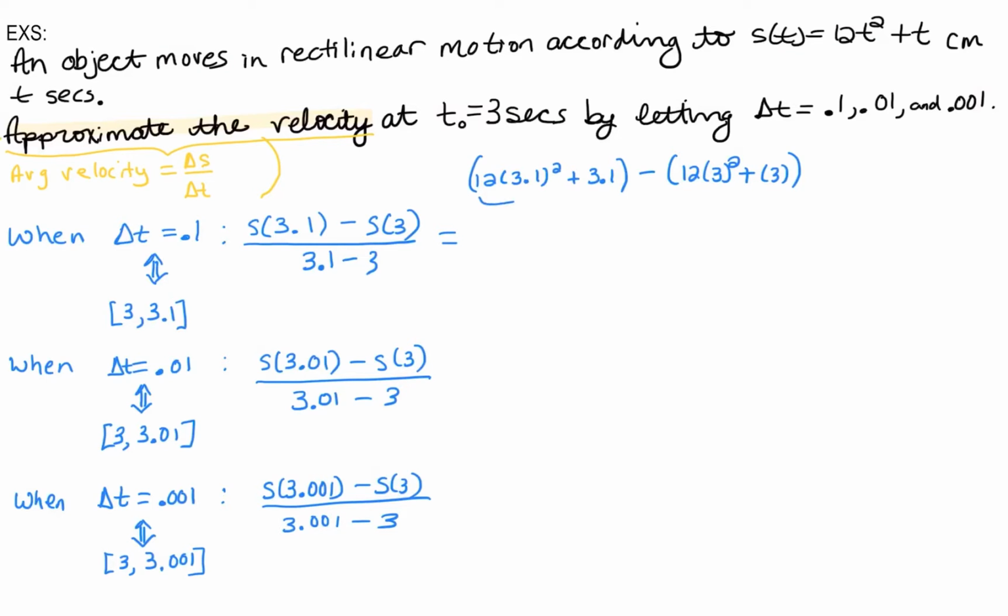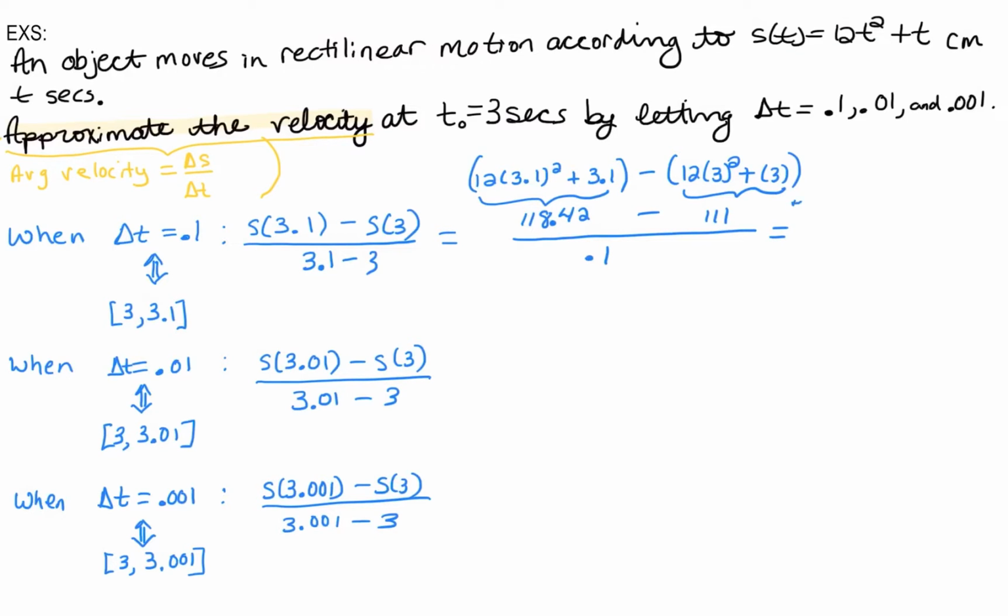And if you were to do that, this would have come out to be 118.42 minus, and then this comes out to be 111. And then that whole quantity there gets divided by 1/10.